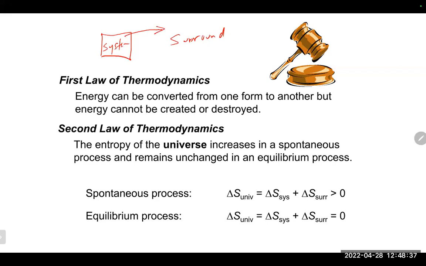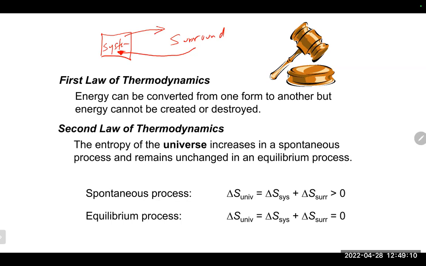If the system loses a certain amount of energy, the surroundings pick up the exact same amount, and vice versa. The only difference is the sign. Anything that's releasing or giving up energy would have a negative sign, and anything that's absorbing it would be the exact same number, but a positive value.